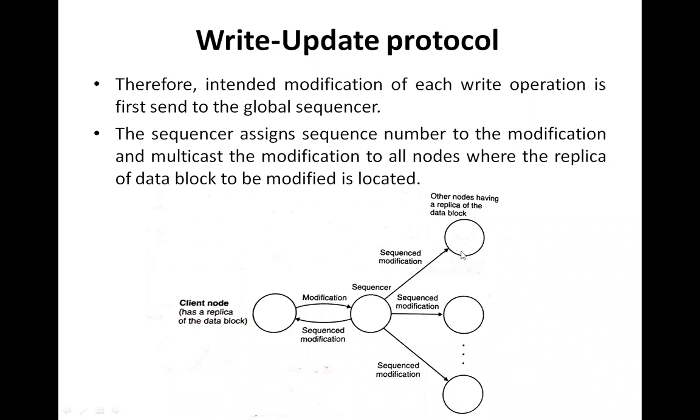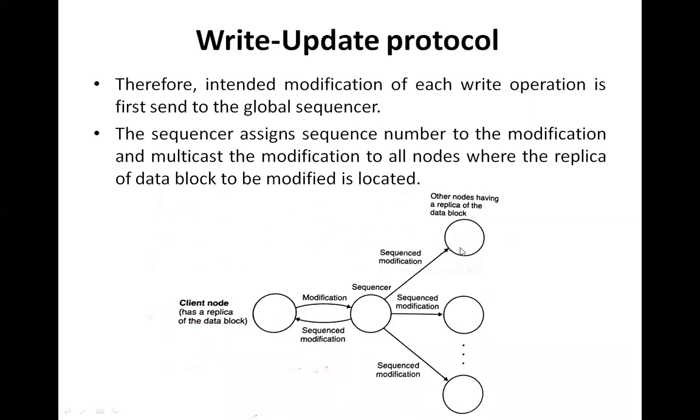There may be a possibility that due to network latency or communication failure, the nodes are not going to receive the messages in sequence. Suppose only the 1st and 3rd modifications have been received, and 2 is missing.